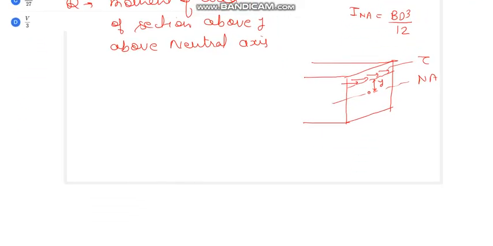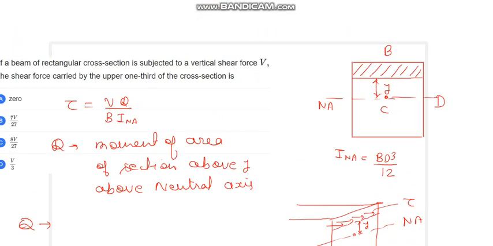If we elaborate some more about Q, then for this given section, the centroid will lie at a distance from here, which we call y bar, equal to D by 2 minus (D by 2 minus y) by 2.